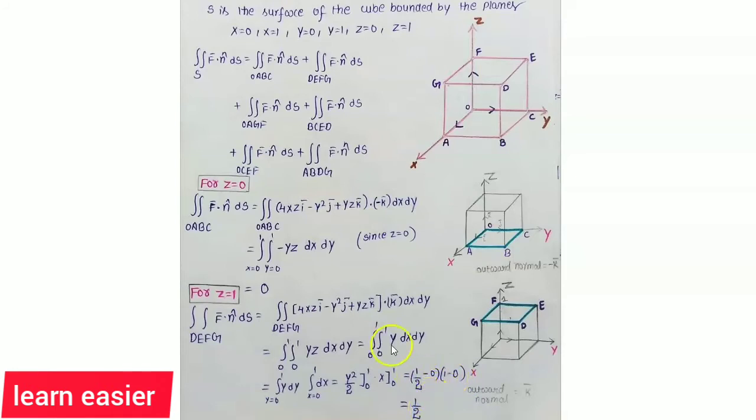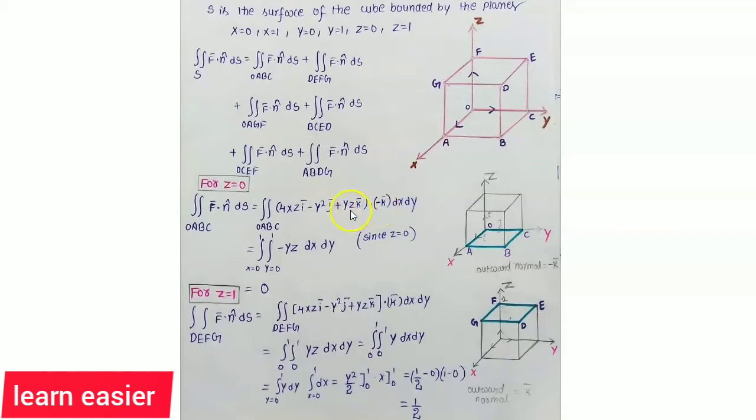So it is very simple. For z equal to 0, we have taken the surface OABC, and for z equal to 1, we have taken the surface DEFG, and after the dot product we got yz, because here we have the coefficient of k bar is yz and the n cap is minus k bar.